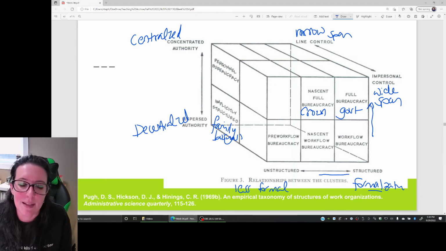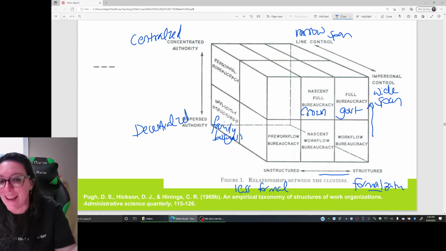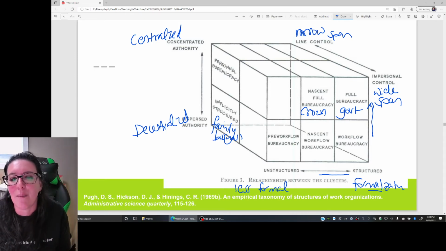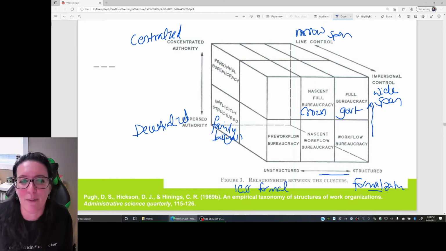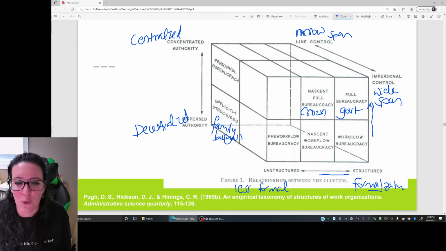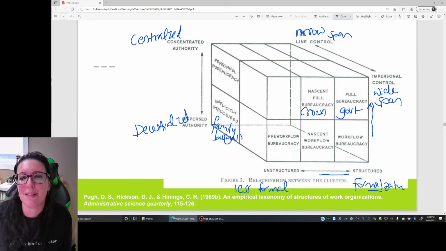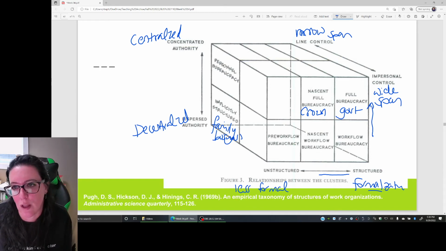So maybe it's the family each has the authority to make decisions. We talked about how if you have a family business, you might be more likely to make it centralized, so that you can avoid some of the family conflict by having the head of the household or whomever be the central authority for decision making. But from Pugh's perspective, he says family businesses tend to be more decentralized.